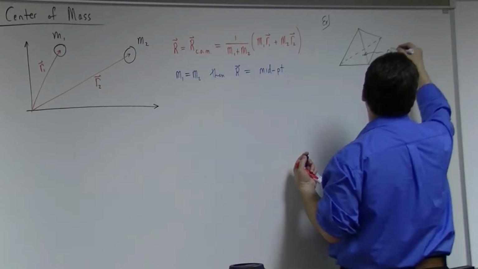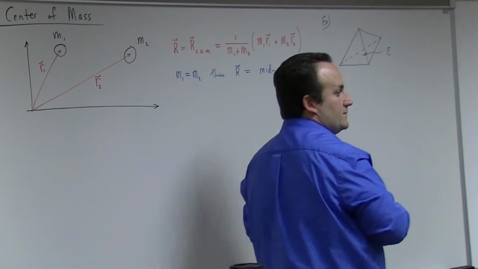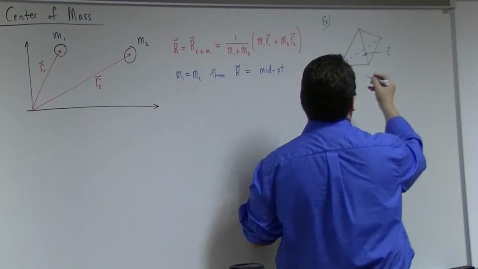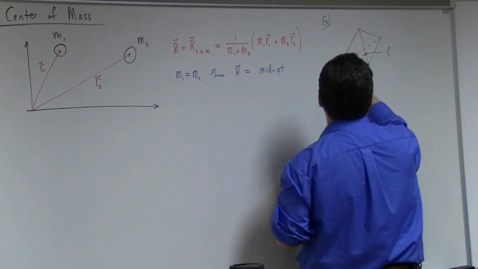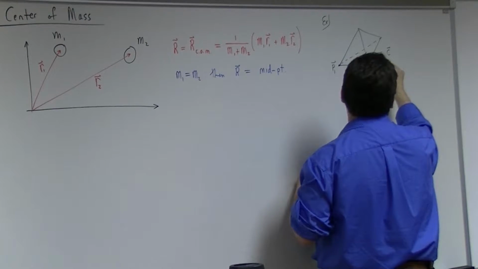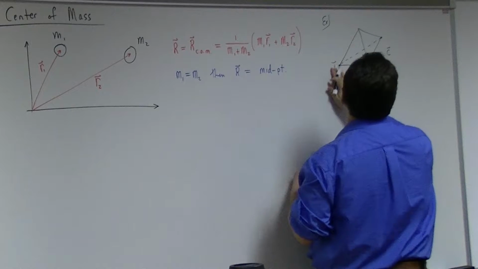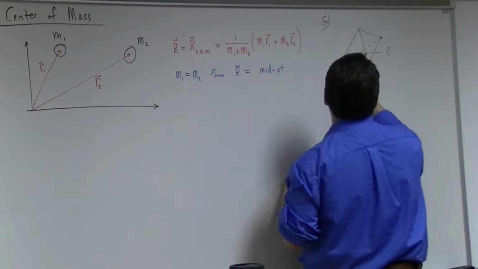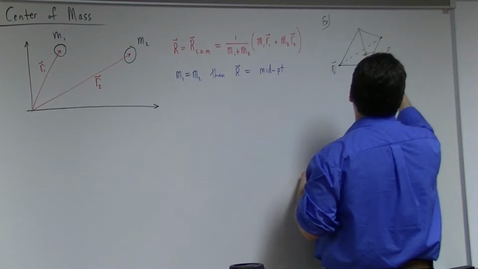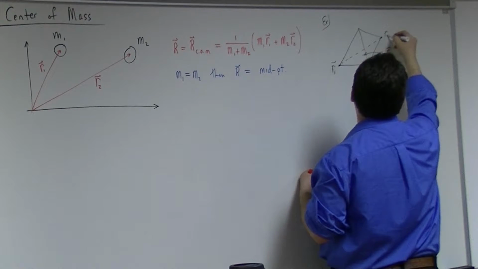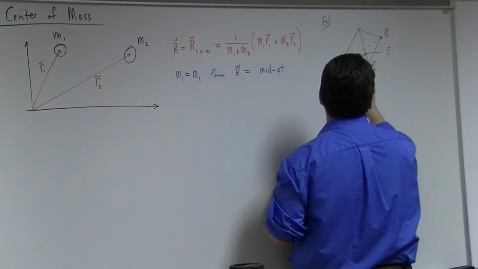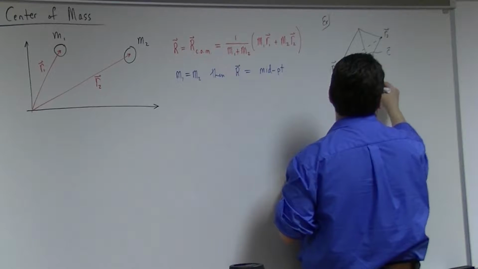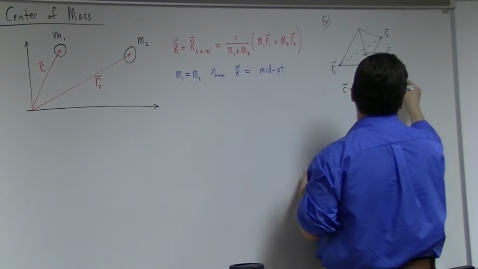Call it C. Well, that's easy enough to do if I have the position vectors R1, R2, R3. Maybe I could just stick with the same notation for like 3 minutes. Then C would be just 1/3 of R1 plus R2 plus R3.